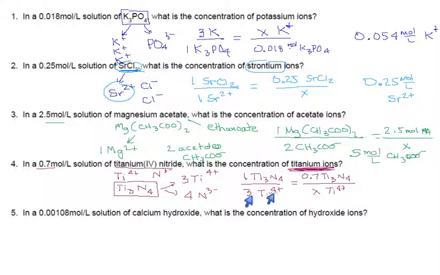how much titanium does that give us? Cross-multiplying drill again. 3 times 0.7 is 2.1, divided by 1 is 2.1 moles per liter of titanium 4. This happens routinely when you're doing other problems where we'll say, I want to get some titanium into solution, I'll use titanium nitride.